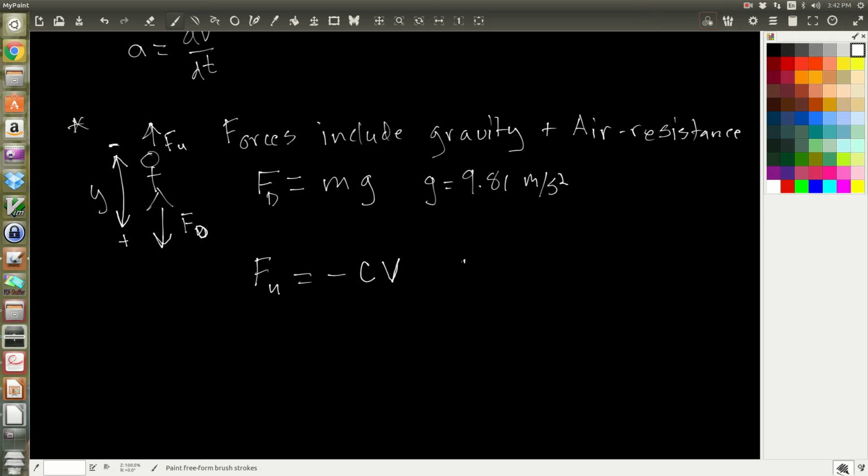The drag coefficient c has units of mass over time.